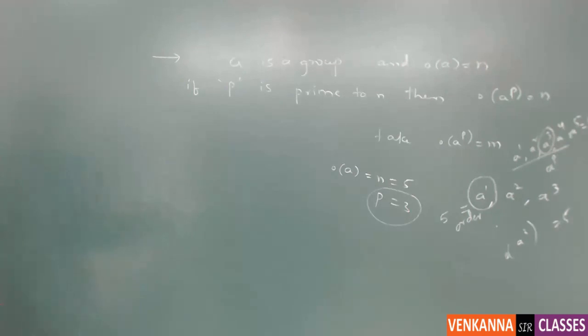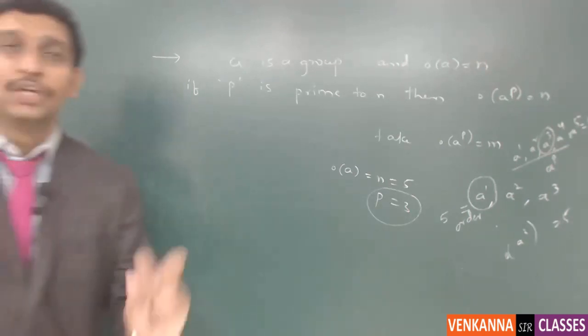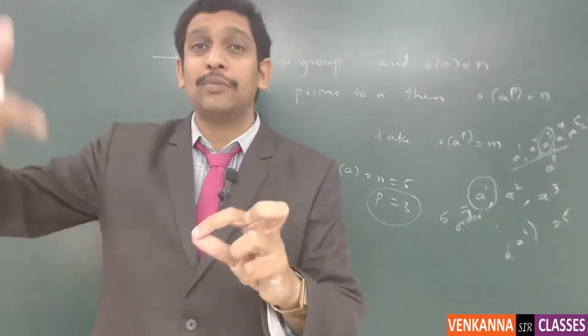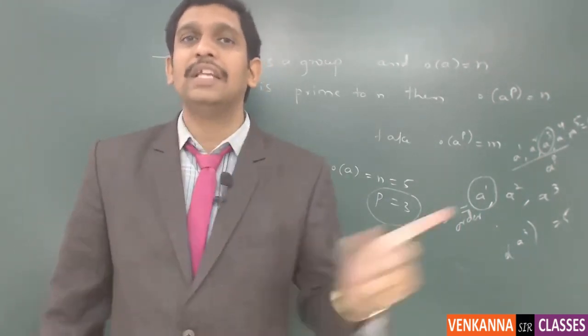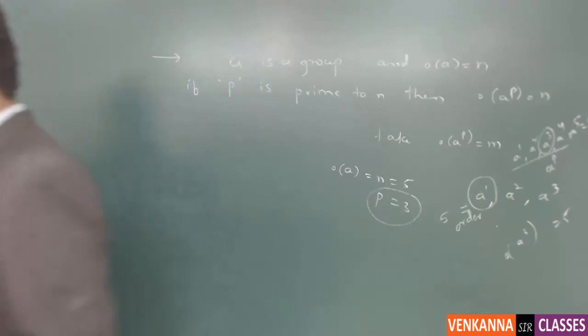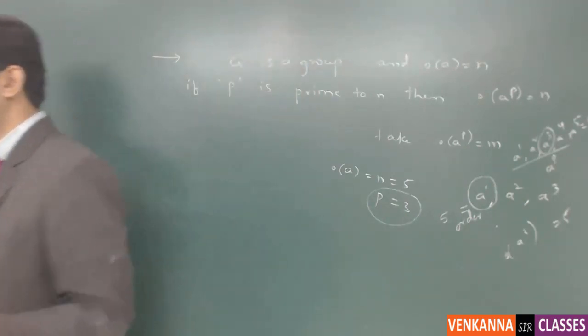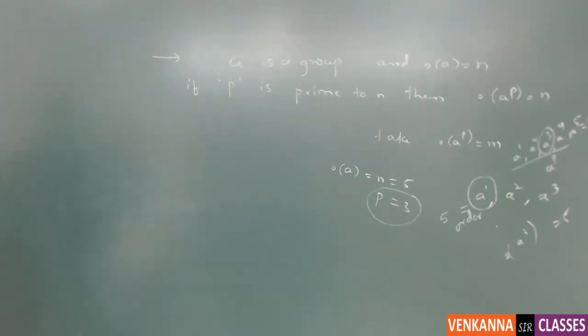That means if you consider A cube 5 times, A cube into A cube into A cube into A cube 5 times, then you will get identity. Now is that clear? So you can take the power less than n and more than n, whatever the case may be. Any power you can consider. Right.